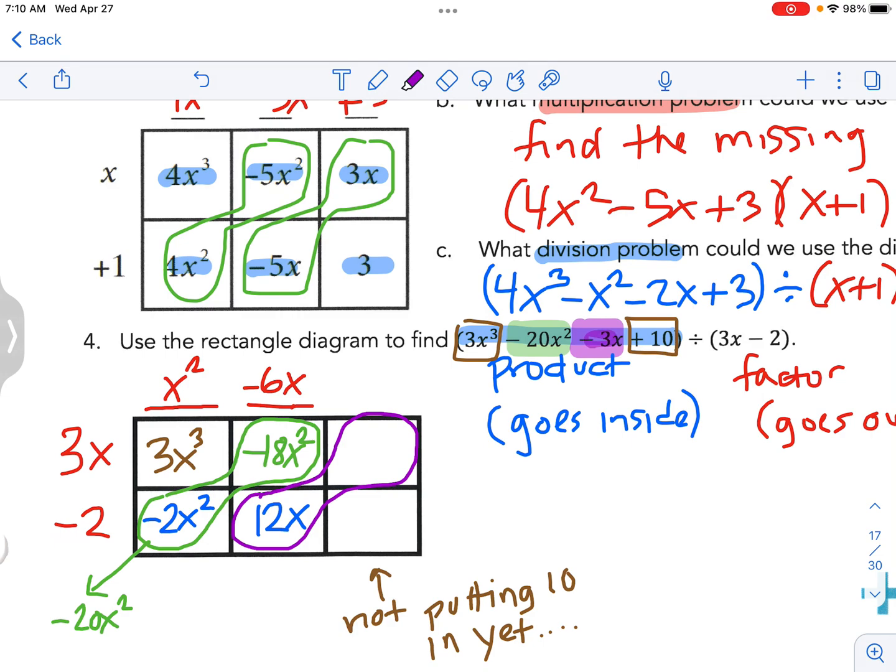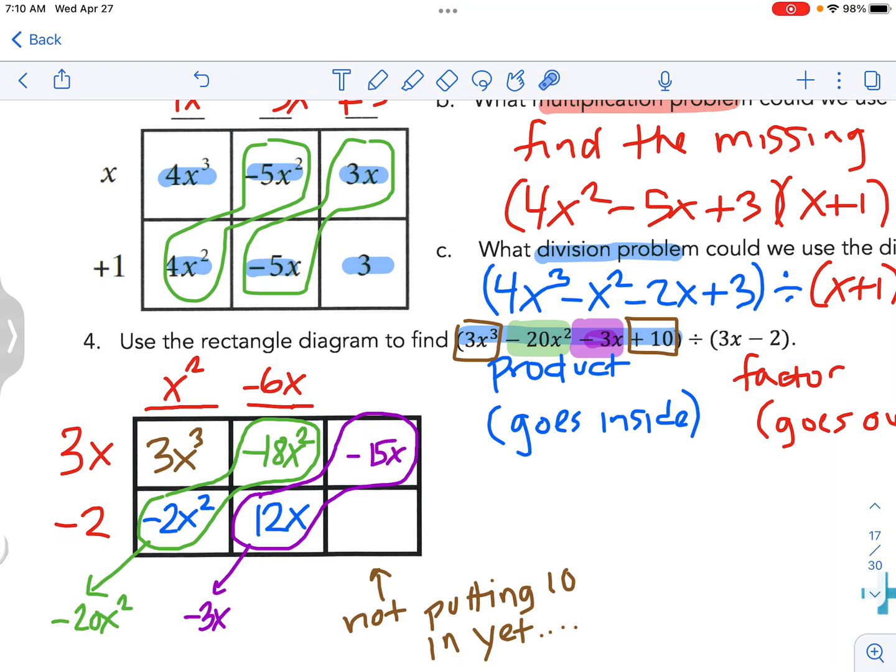Well, I've got positive 12x, and I need a number here so that the result is negative 3. That means this missing fill in the blank is a negative value, because I need a negative result, negative 15.